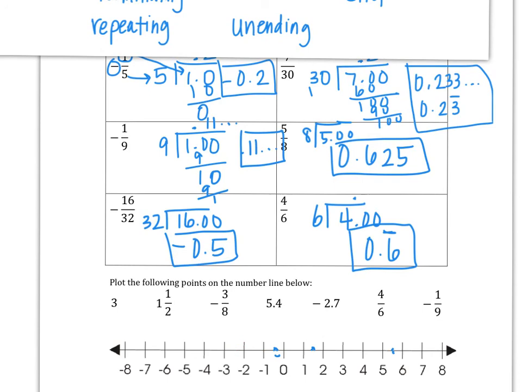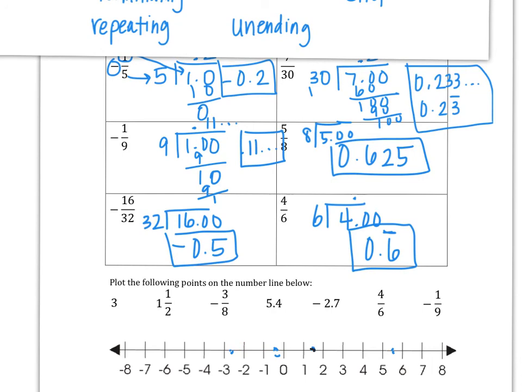Let's go ahead and put that point on. And 4/6, 3/6 would be 1/2. So 4/6 is a little bit over 1/2. So it would be about the same place. I'm going to choose a different color on this one. About the same place, right about there.